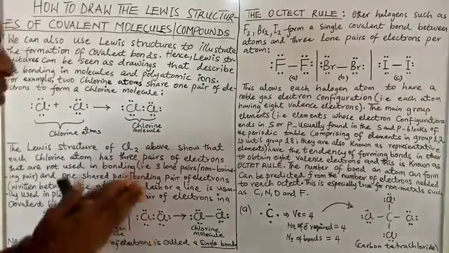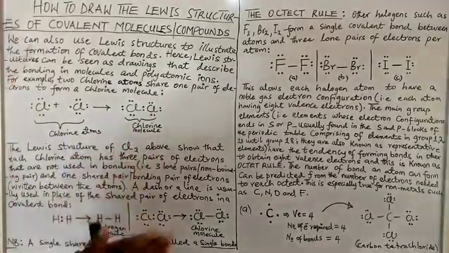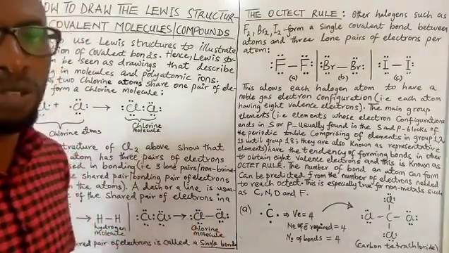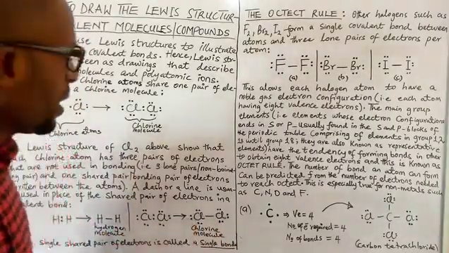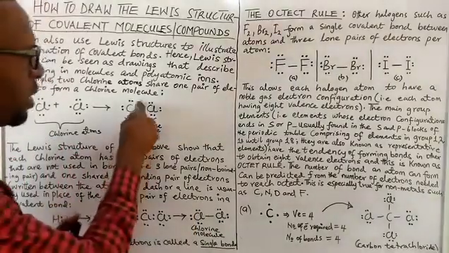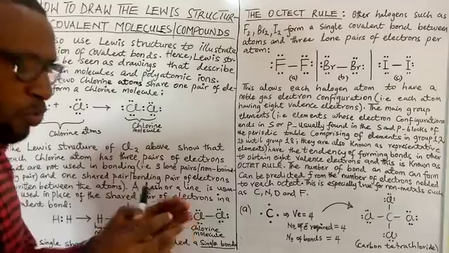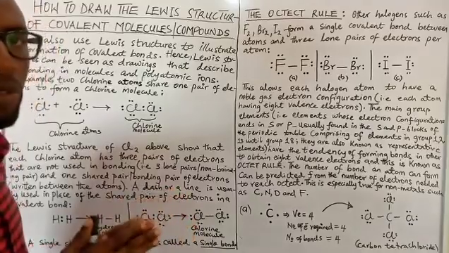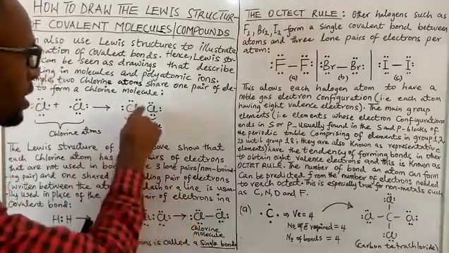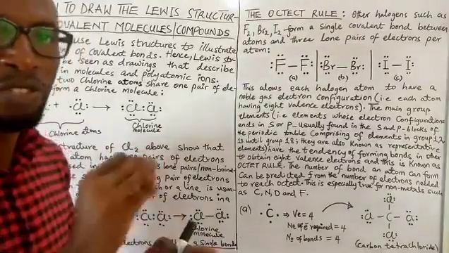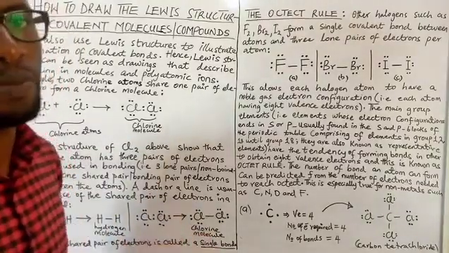The idea is for both of them to become stable by attaining the noble gas electronic configuration. Nice. These two electrons that we have shared were used to make what we call a covalent bond. And those two electrons are called the shared pair of electrons.